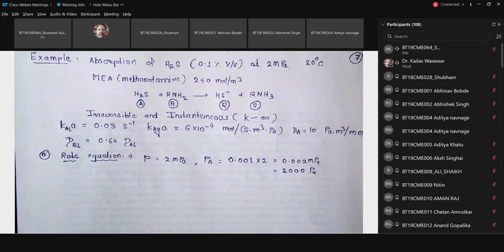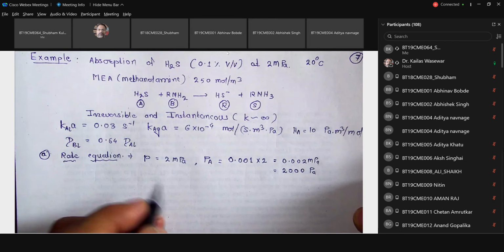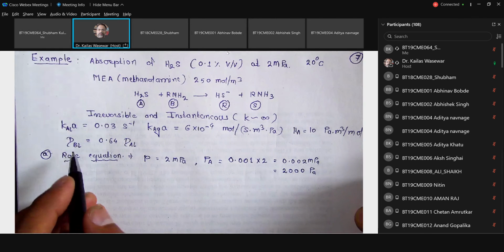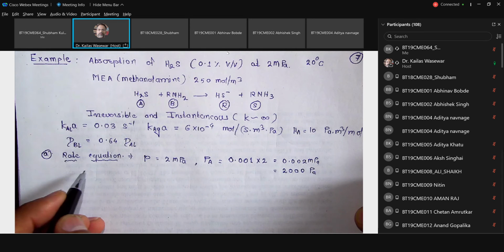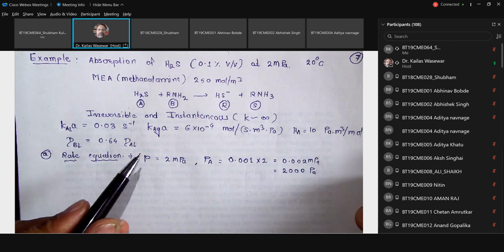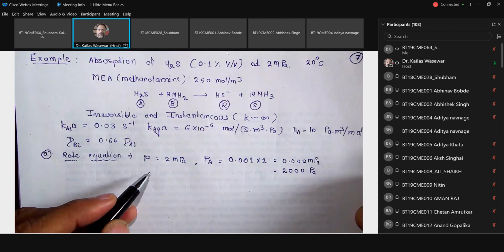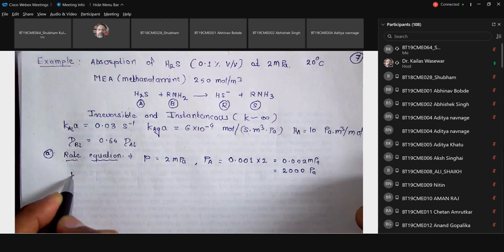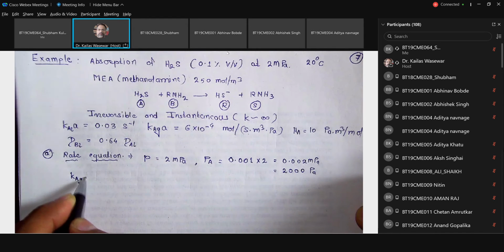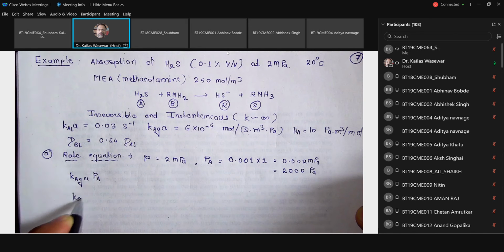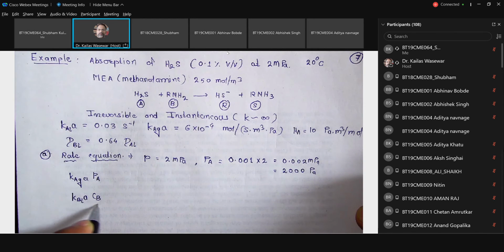Further, other data may be needed. We need this KL is given, so we may require the KBL to find out whether it is a instantaneous reaction, but it is a with slow CB or high CB that we have to find out. And to find out that one, we need to calculate these two things.